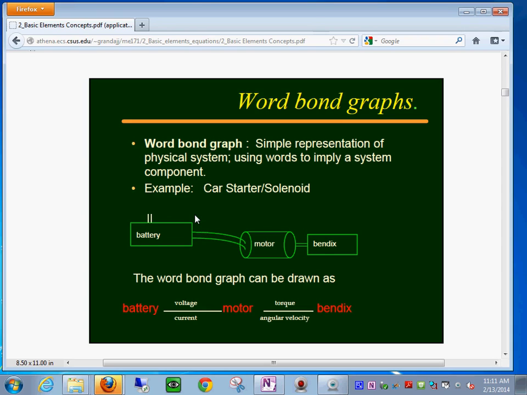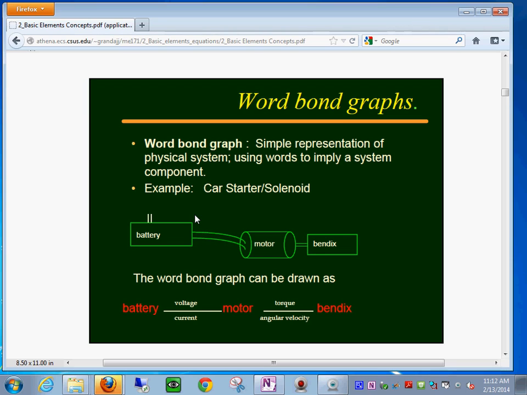So when we put the symbols in there, like the ones on the bottom, you say battery, the motor. This is your starting motor that I used this morning. The battery puts out a voltage, and then in the armature of the motor, current circulates in a magnetic field, resulting in a torque, and that's how your car starts.